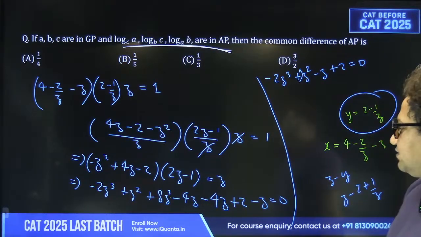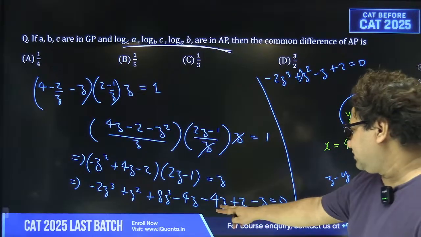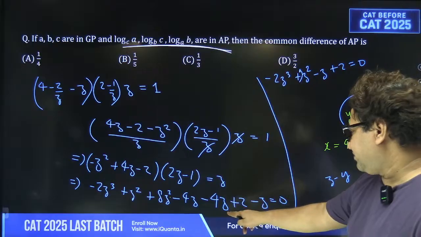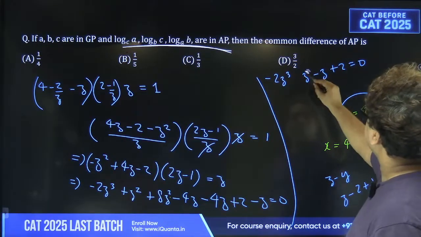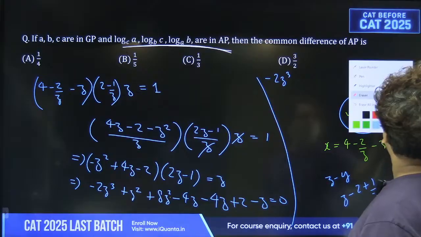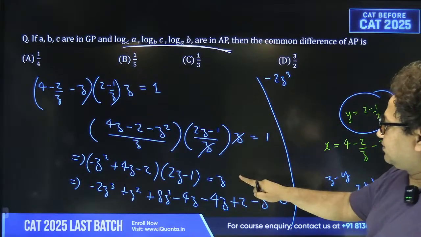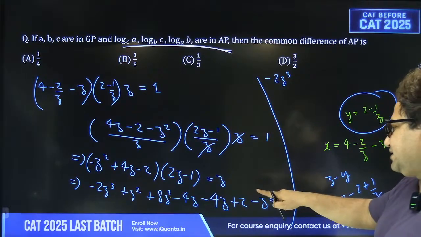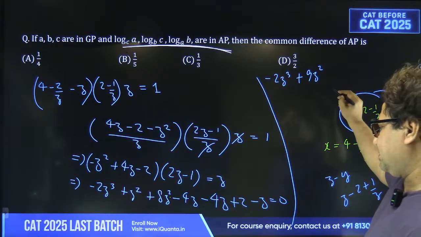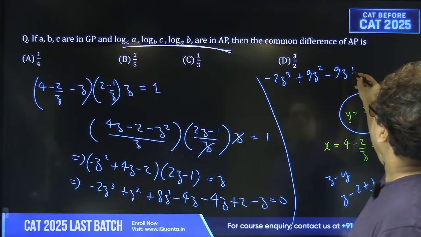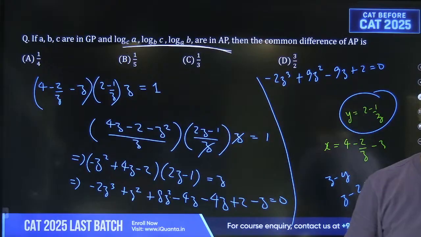Now it's correct: minus 2z square minus 4z minus 8, this became minus 9. Just a moment. Minus 2z square plus 9z square minus 9z plus 2 equal to 0. Now it's correct.